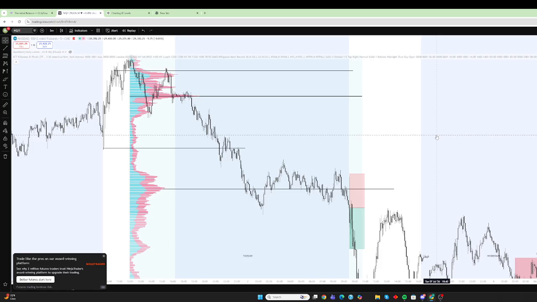Number two, opening above yesterday's IB high. So in this scenario, we have a bullish gap. Watch for acceptance above the IB high. Acceptance is considered sustained time trading above the IB high, or failure, failed auction, right?